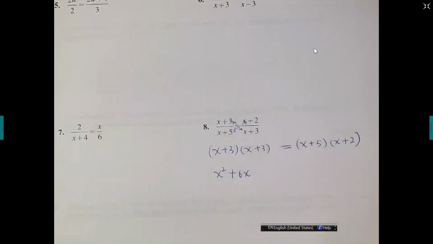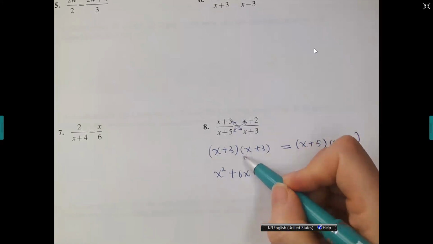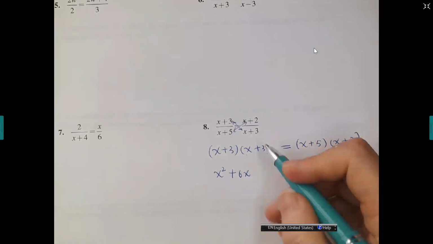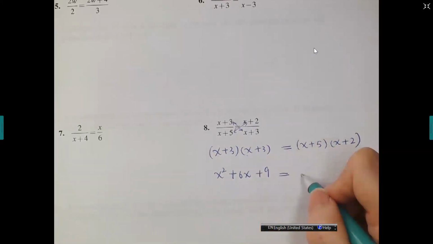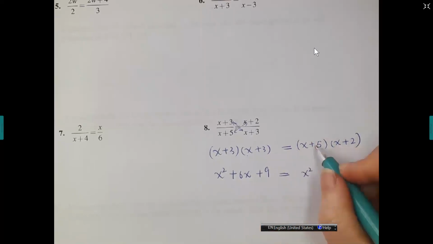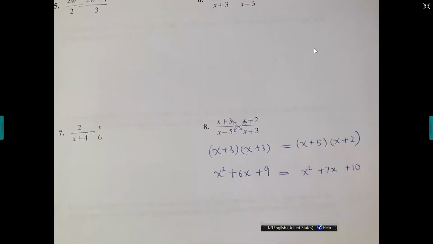If you can now do this, write down 3x plus 9, 3x again, and then plus 9 equals, what do we have on the right? I have x squared, 5x plus 2x, that's 7x, and then plus 10. Remove the parentheses. We do see the square term.